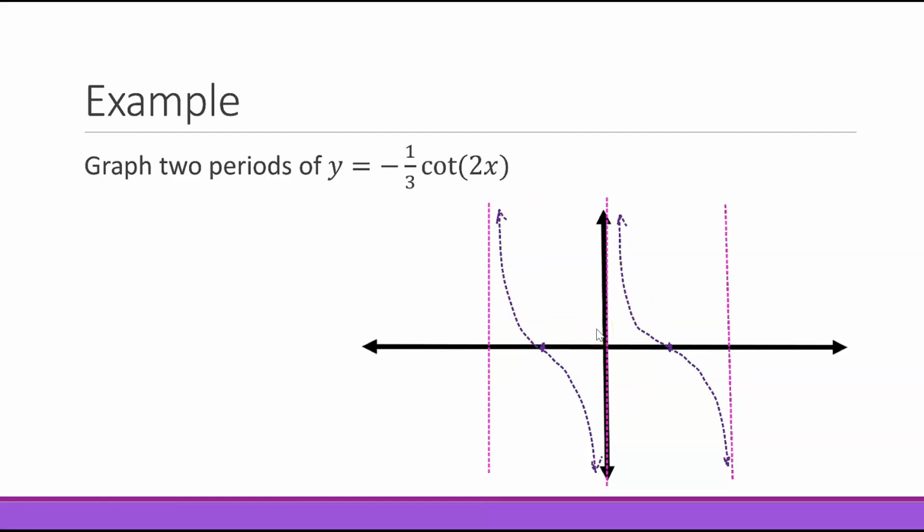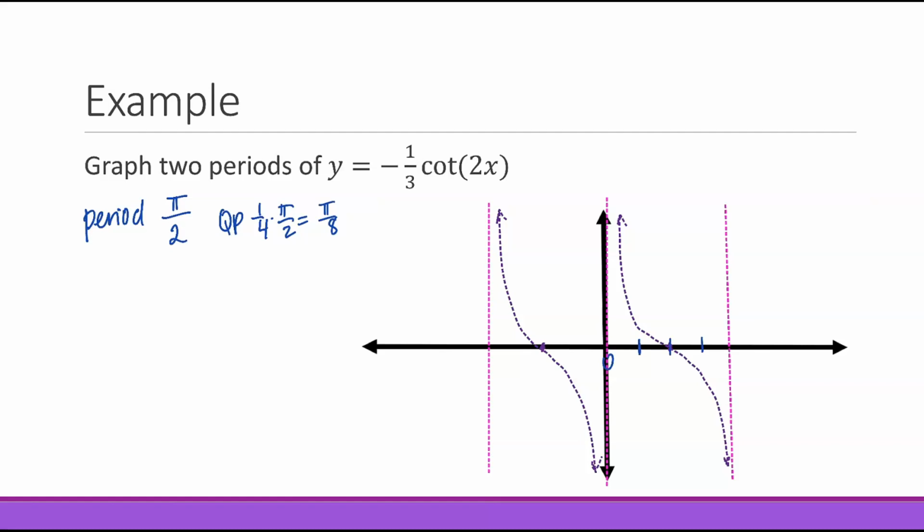So now let's start to label things. We have our period, and the formula for the period is pi over b. The value of b here is 2, so the period is pi over 2. The quarter period is 1/4 of that. 1/4 of pi over 2 is pi over 8. So let's start to label. We have 0.